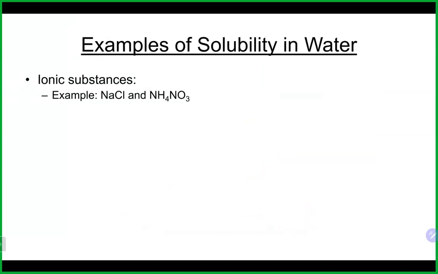All right, so let's talk a little bit about examples of solubility in water. Things are soluble in water, and if they're soluble in water, that basically means they mix. One of the major ideas about things being soluble in water, or just soluble in general, is that things that can interact with water the same way water interacts with itself are very soluble in each other.